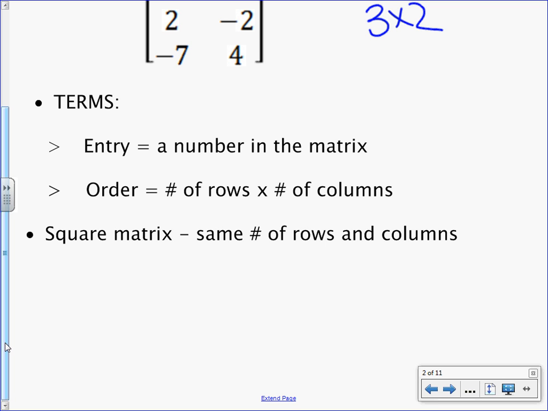A lot of what we do today is looking at what matrices are and some things that we can do with them. We're going to be doing a lot of setting up today, and then we'll do a lot more calculating tomorrow.